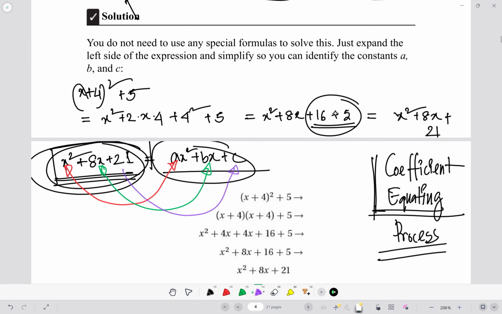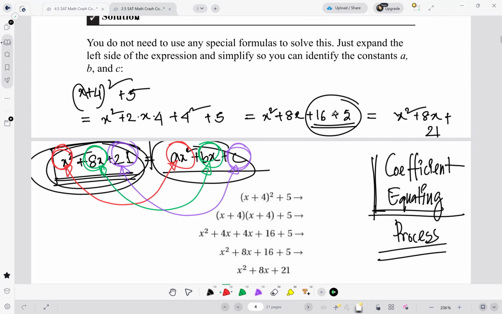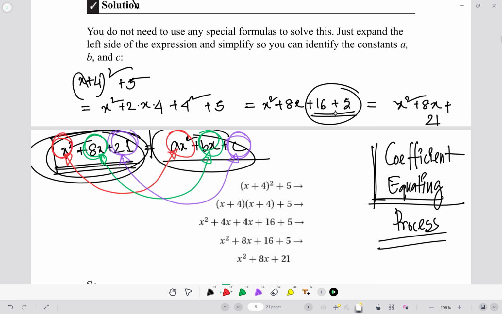This is the process of coefficient equating. So if I do this coefficient equating, what do I get? I get the x squared term here and this x squared term here.